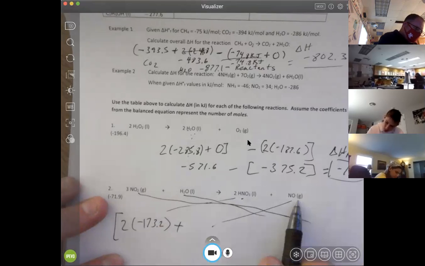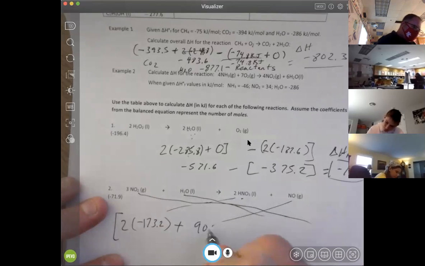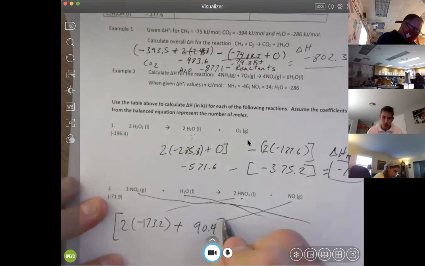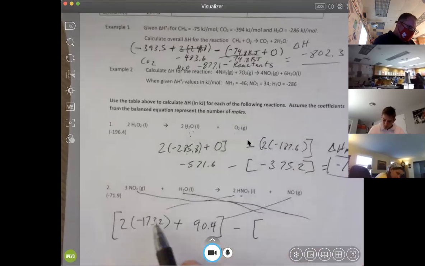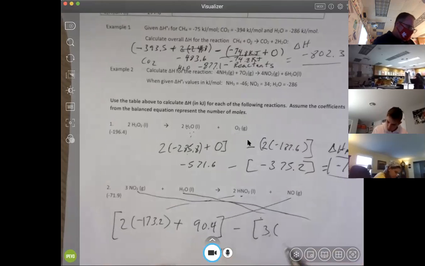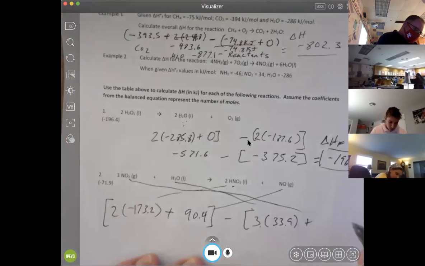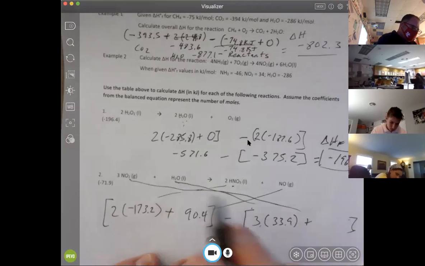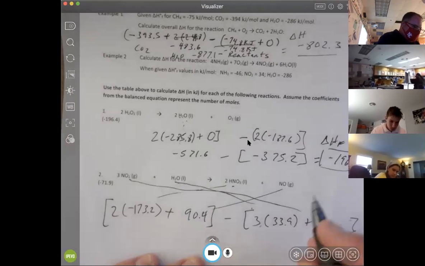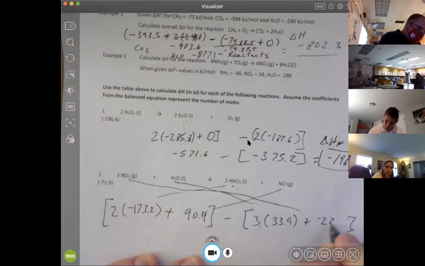It is gas form, that is 90.4. Then we are going to subtract the quantity of the NO2, which there are 3 of them. NO2 is 33.9. We're going to summation that, so we need to add also the quantity of 1 of these H2Os. The H2O is liquid, so it is negative 285.8.